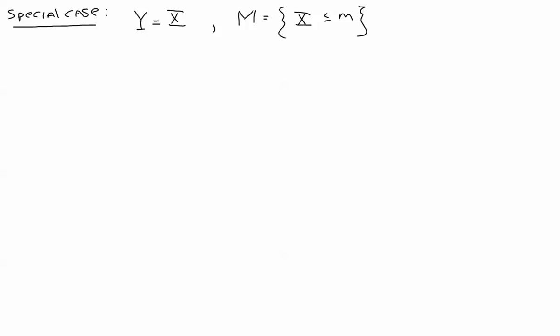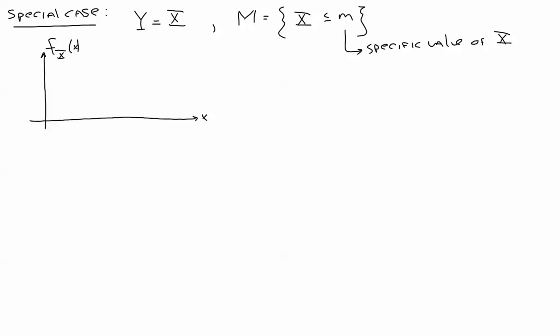Random variable x now is a specific value, little m. Okay? So this is my general scenario. M is a specific value.